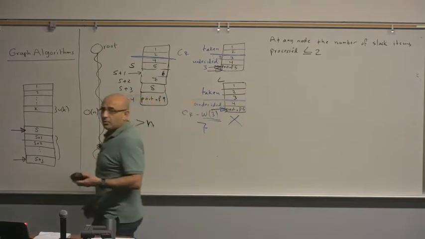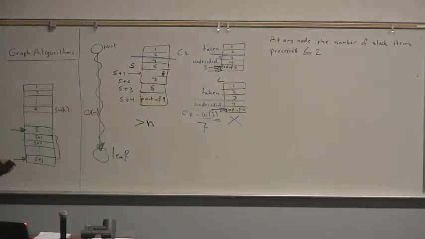Why is that? Why is the number of slack items processed at each node less than or equal to 2?